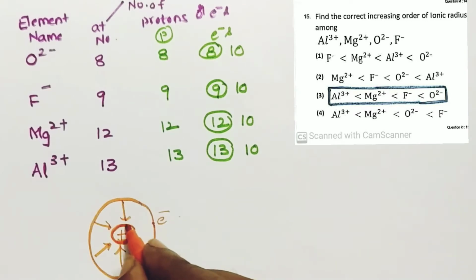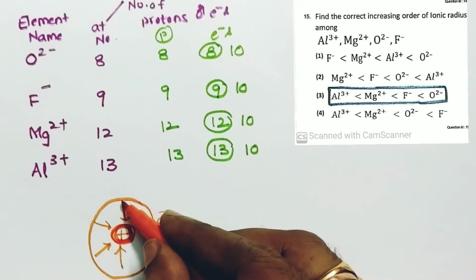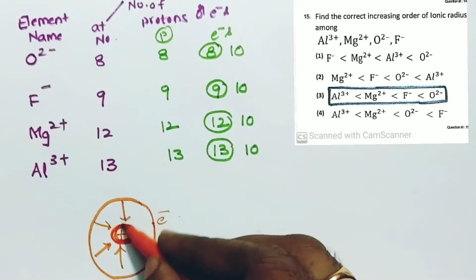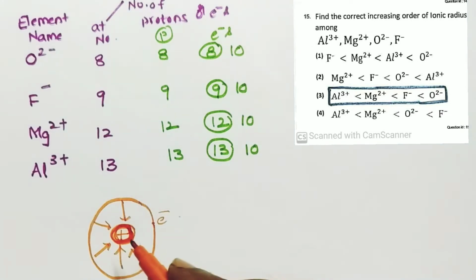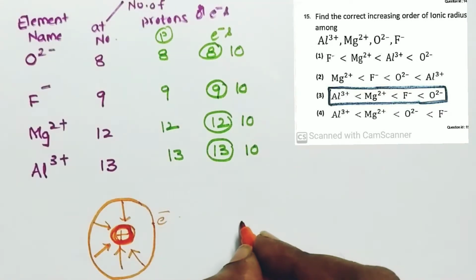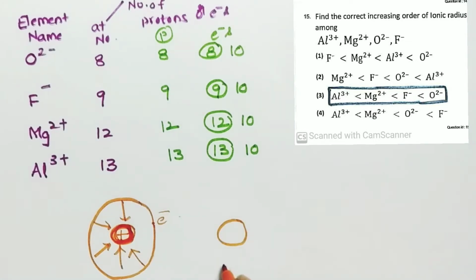Why? Because the number of protons are more at the nucleus, so the force which acts towards the center is more. As a result, the radius decreases.